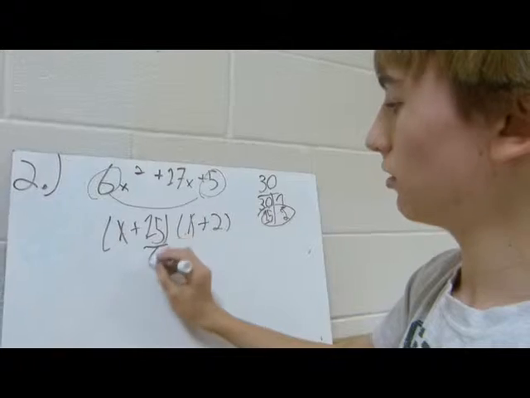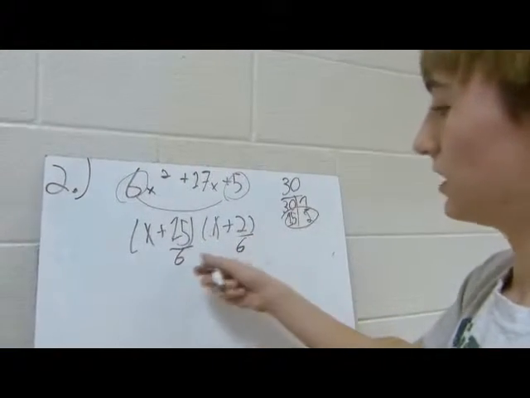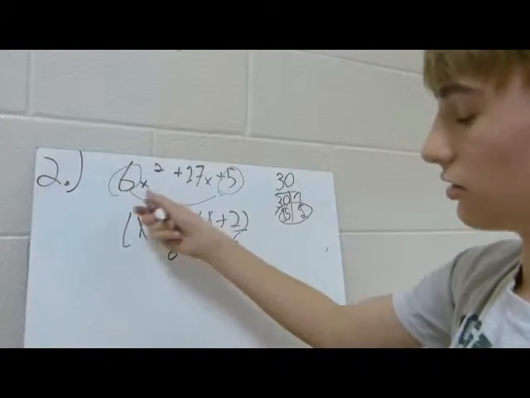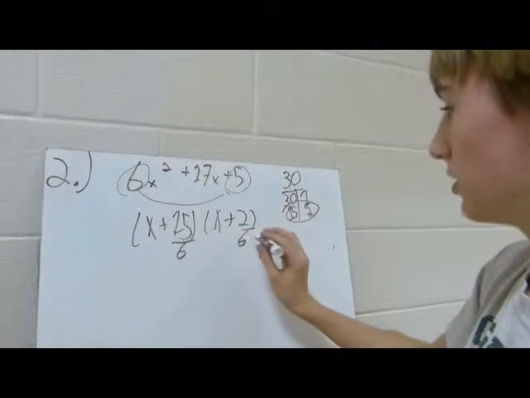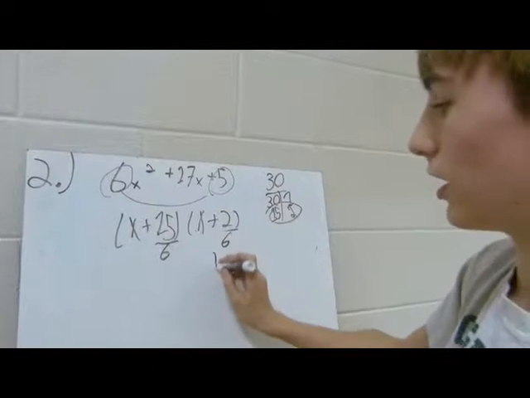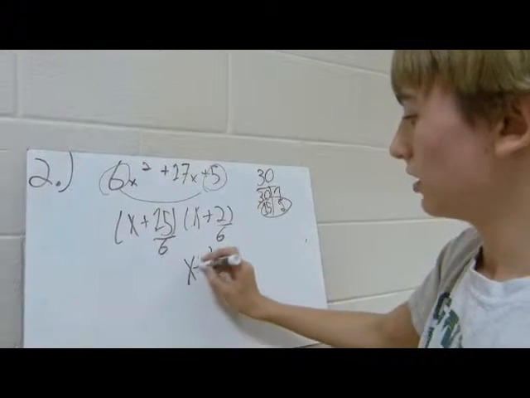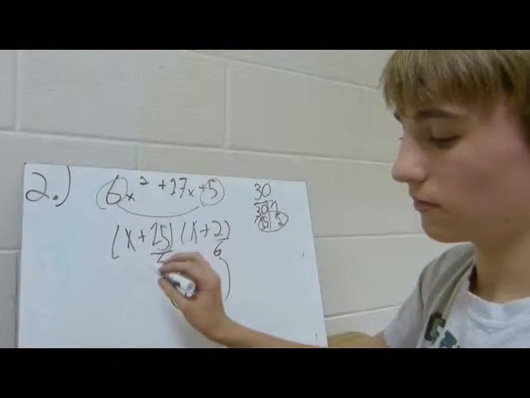And then you would divide them by 6, our A term. For this one, 2 over 6 simplifies to 1/3, so it would be x plus 1/3.